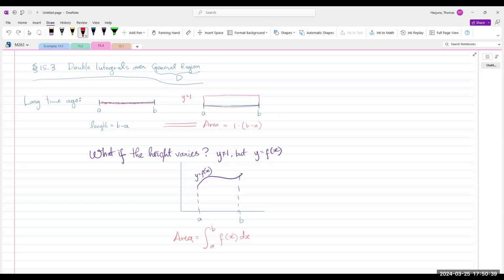Okay? Now notice that we start from 1 dimension to 2 dimension with height 1. Now we vary the height, it becomes a function of x. We now compute that using integral, right? We can also compute this using integral if you want to, but nobody should.